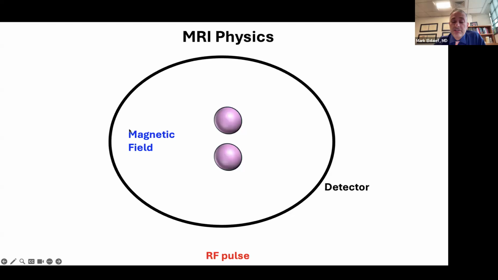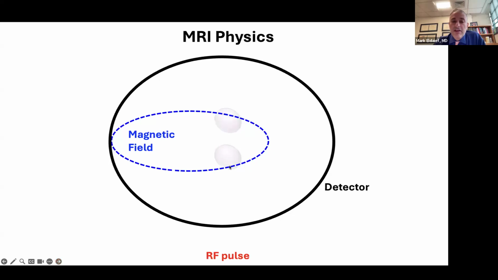And so what happens is the MRI creates this really strong magnetic field. And the protons are sort of twirling around. They're oscillating. And then once that magnetic field is created, the protons will align their angles with that of the magnetic field.